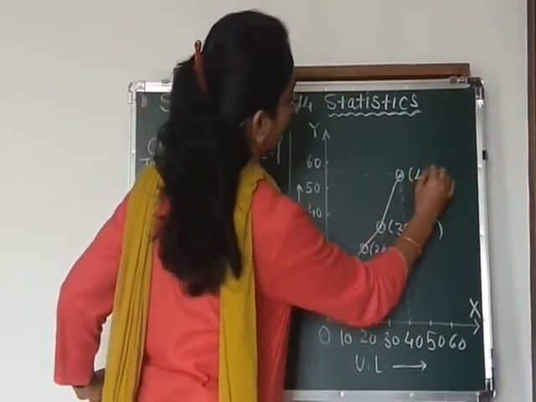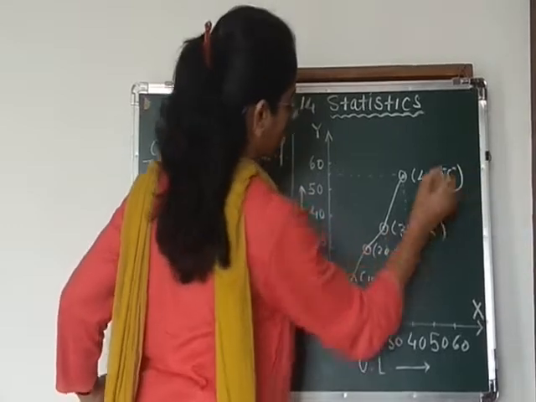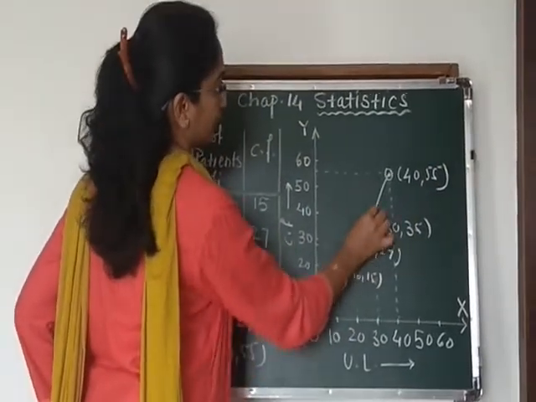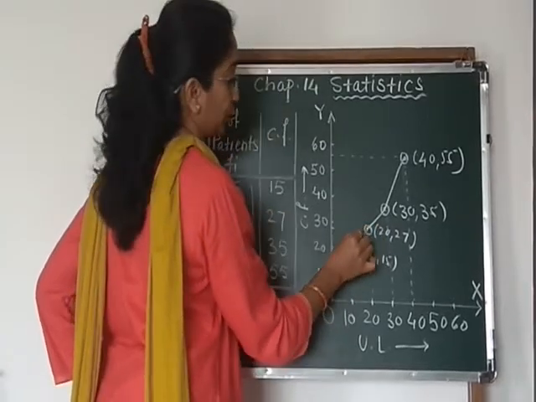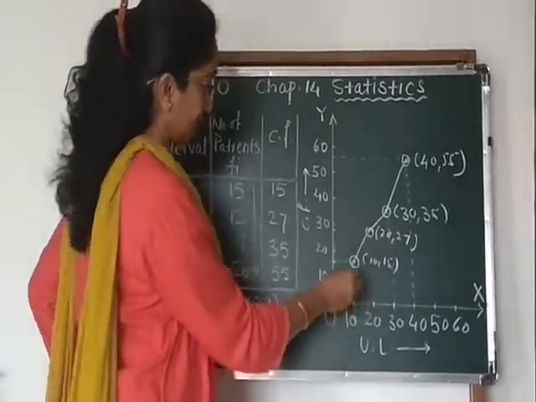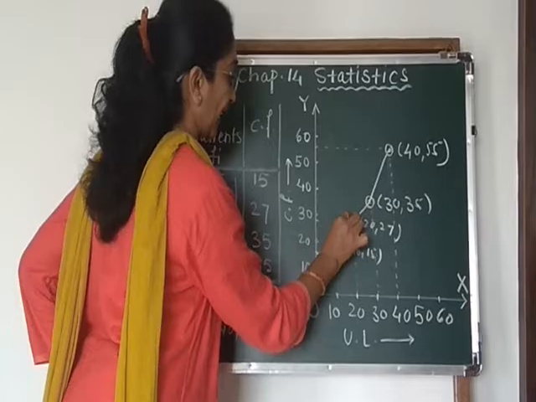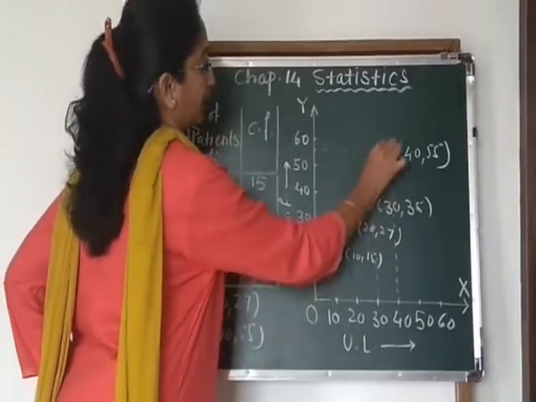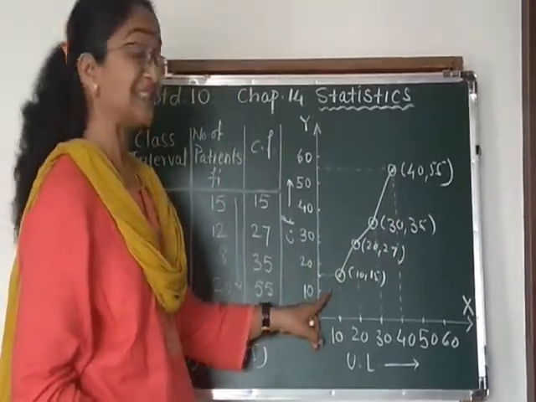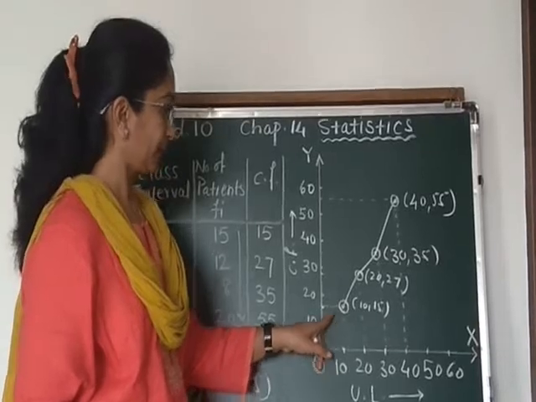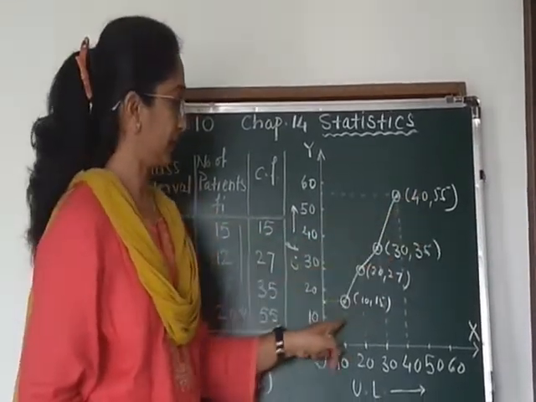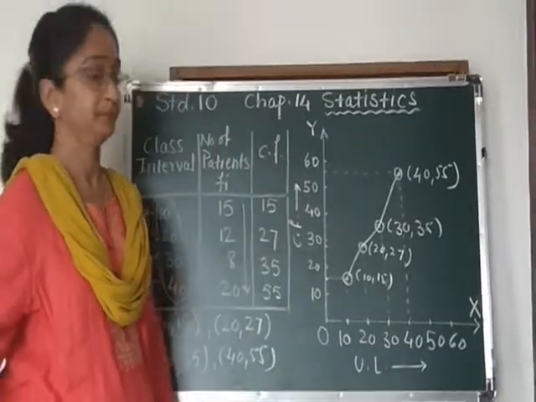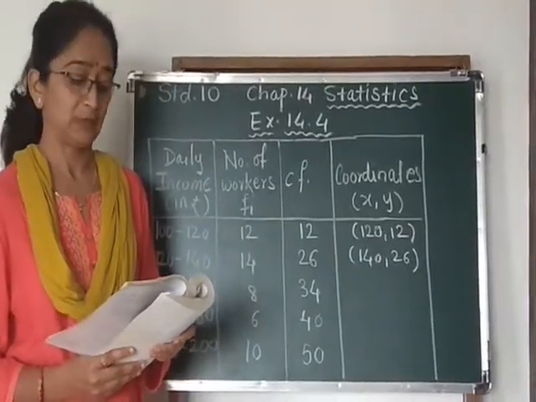Now join these four points by a freehand smooth curve. Don't use the scale for joining these points. So it is known as the freehand smooth curve, and you will get the less than type ogive here. Now this is cumulated upward. This is cumulated upward.